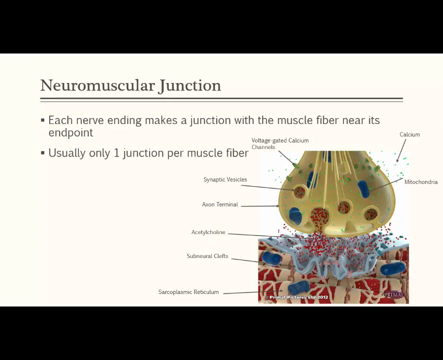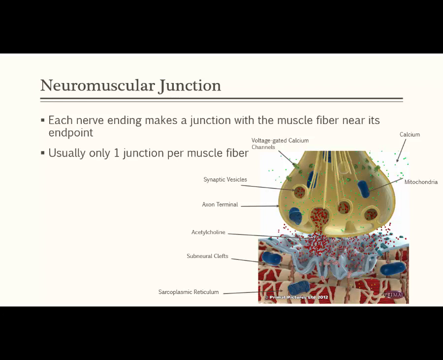Now we're going to come back to something that we've talked about before, the neuromuscular junction. And you remember that nerve endings for skeletal muscle have a junction with the muscle fiber near the end of the nerve. And generally there's one junction per muscle fiber.